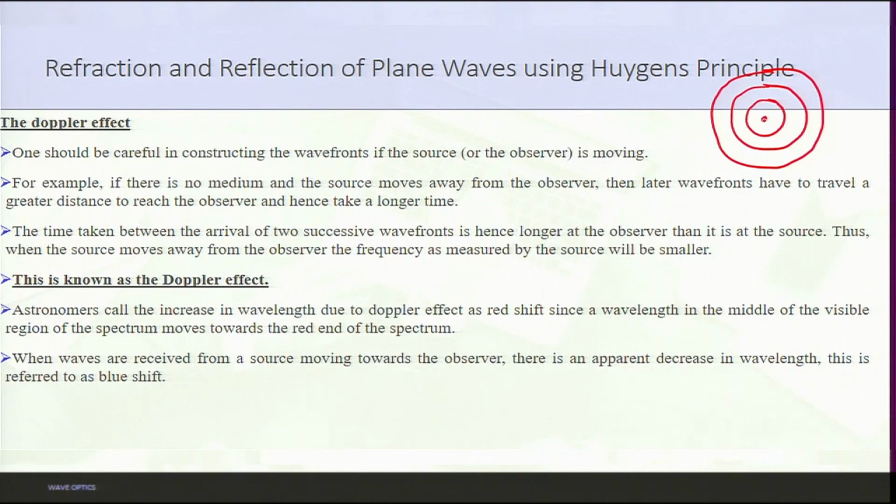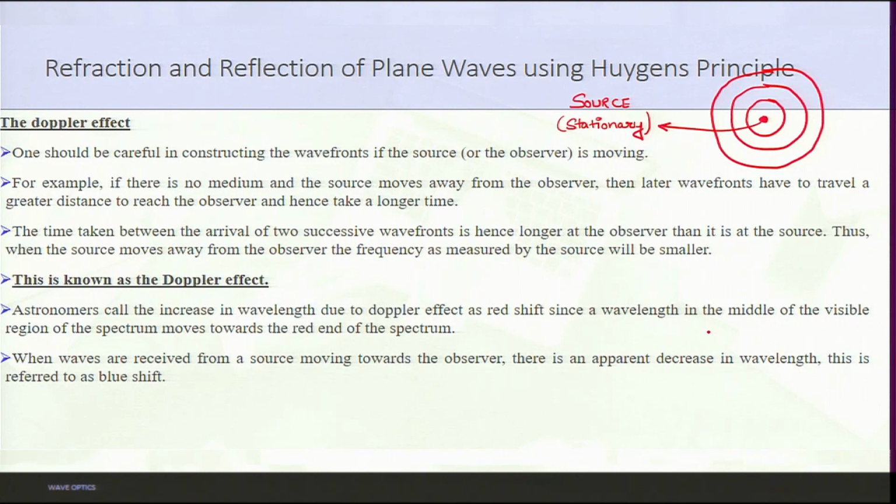Now, this happens only when the source is stationary; then the wavefront is formed like this. But this is not always the case. What if the source is moved? Then the phenomenon of Doppler effect comes in, and we need to understand it.